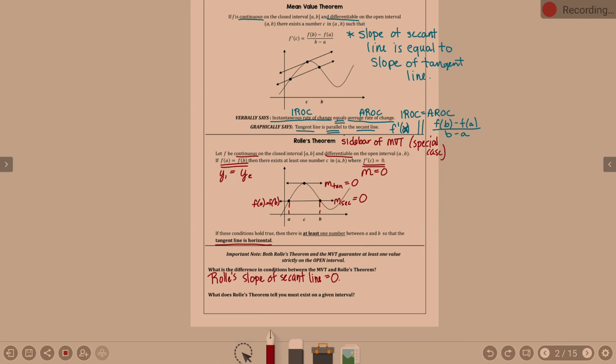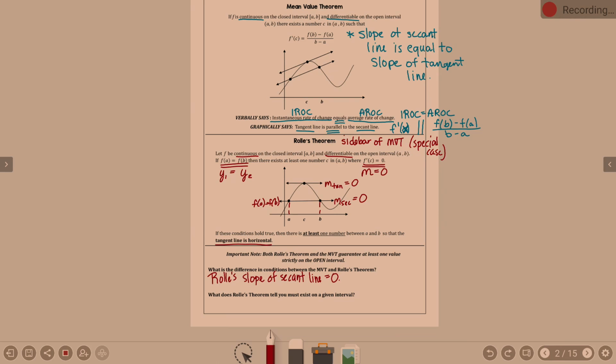Now, the place that you'll see this used kind of relates to this second question. What does Rolle's theorem tell you must exist on a given interval? Two points that equal the same. Go more than that.